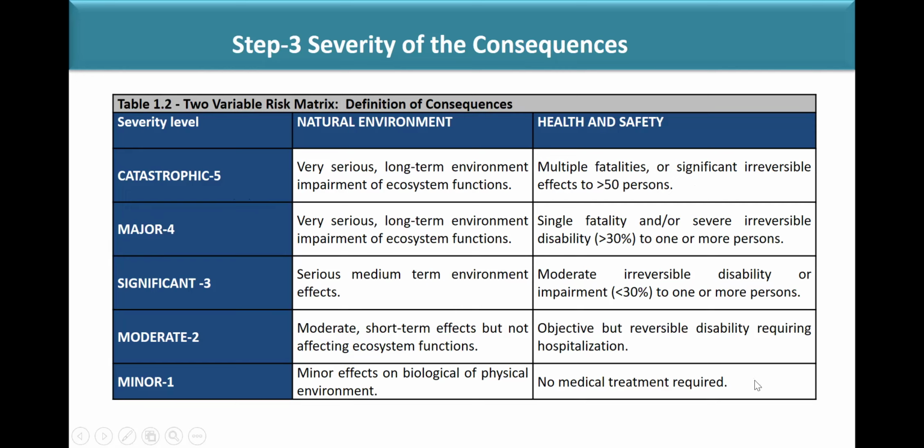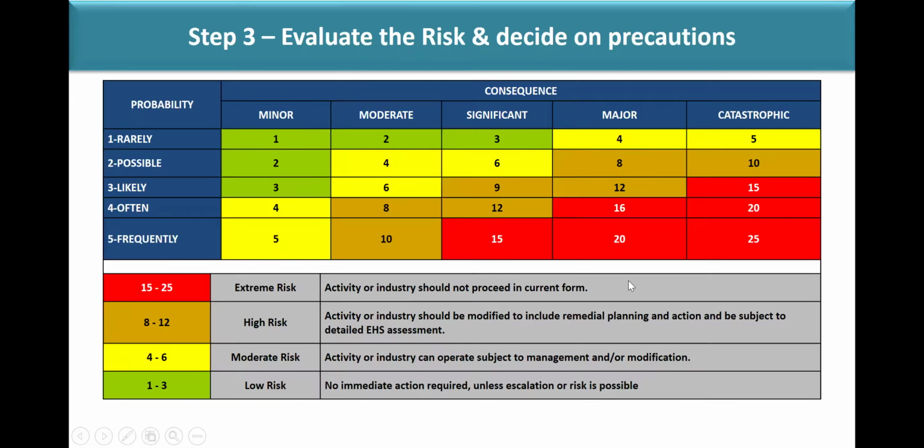If you want this to be more clear, it is also available in the ADOSH guideline. Also, in one of my videos on risk management, this is more clear, because this is for the international standard, and I did this based on the ADOSH SF. Now, if the risk is low, no immediate action is required.